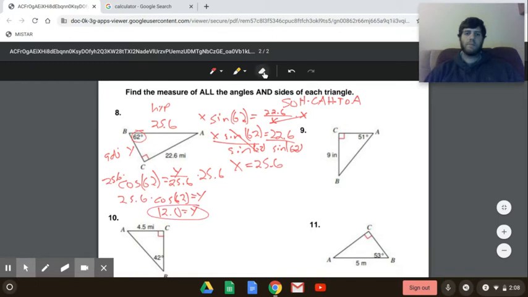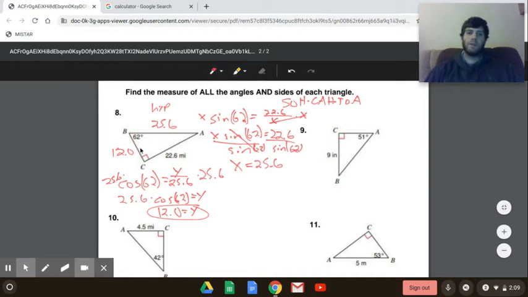Okay, so this side here is 12.0. And then the last thing is we need to find the measure of angle A. Since we have all the sides, we could use inverse sine, right? We could do the inverse sine of opposite over hypotenuse.